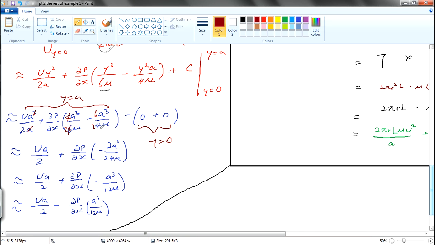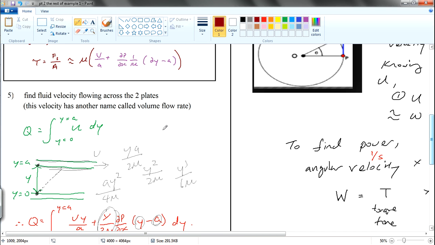So 4 minus 6, you have minus 2a. And then I cancel away this. So I have minus 1 over 12 a cubed over nu. So this is a cubed over 12 nu, right? I just bring this negative out over here. So I have my equation to calculate the volume flow rate.